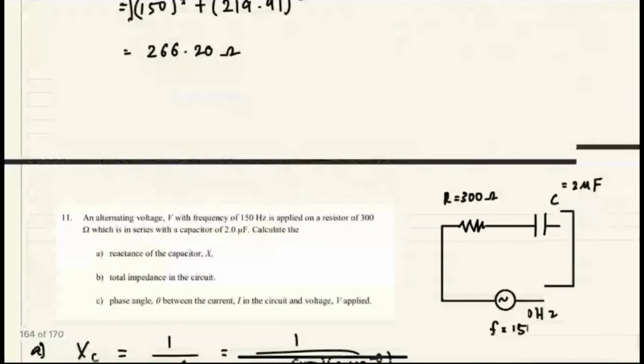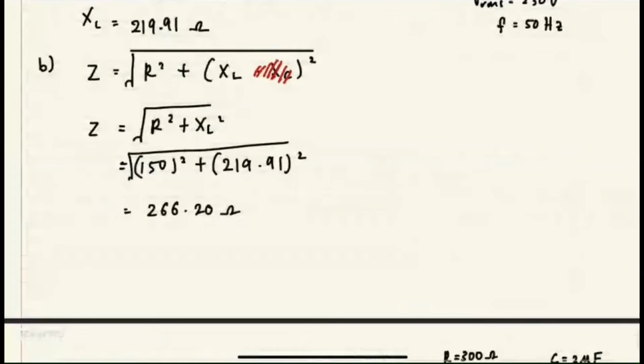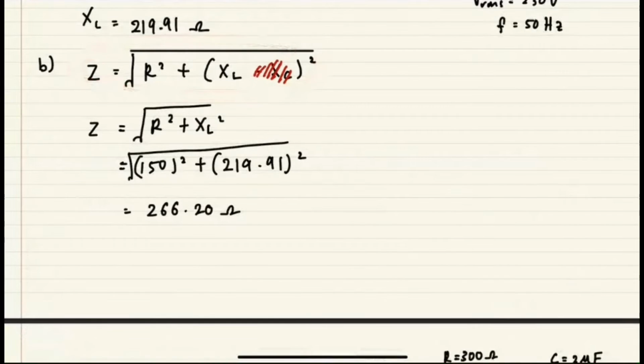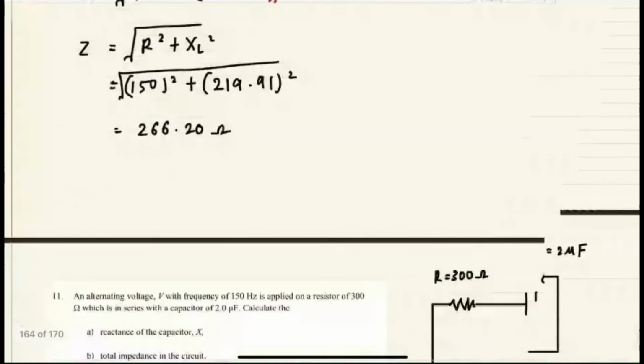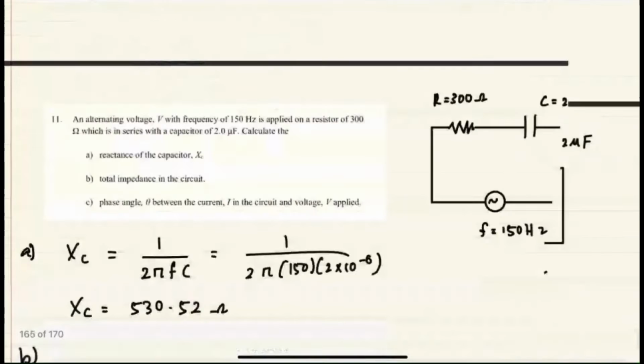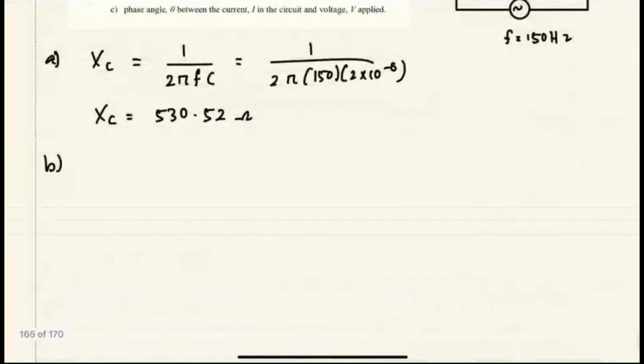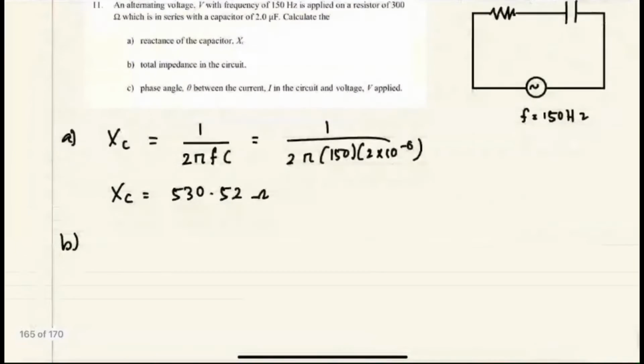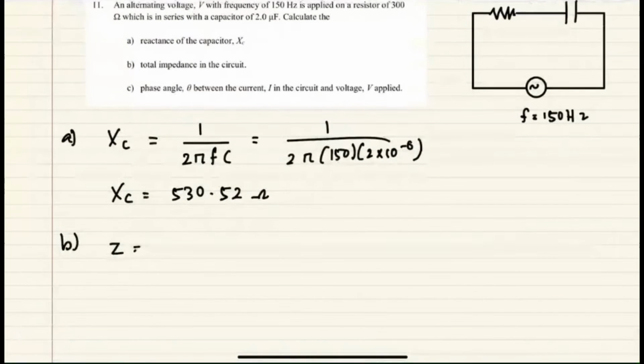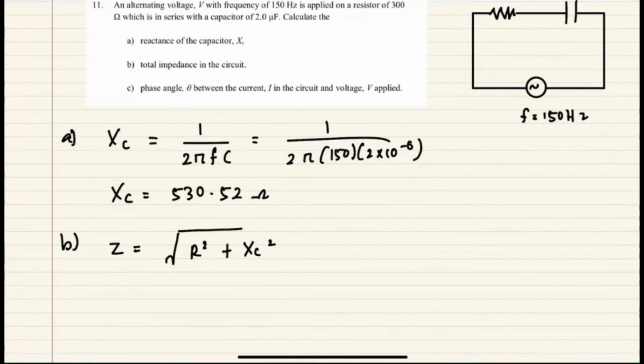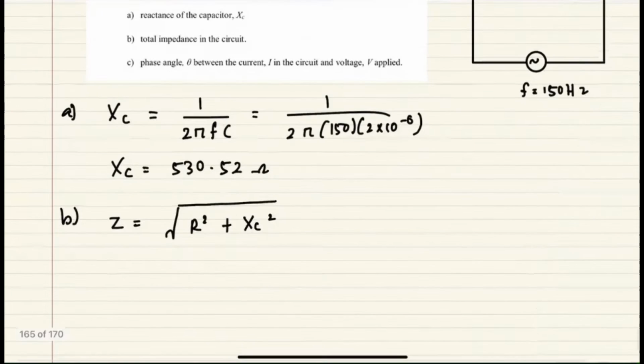Total impedance in the circuit. So basically again, we compare with this equation yang asal tadi tu kan. Okay, this time yang tak ada adalah XL. So kamu ignore yang ni, XC itu ada. So kamu punya equation now becomes Z sama dengan square root of R square tambah XC square. Ini positif, ini square.